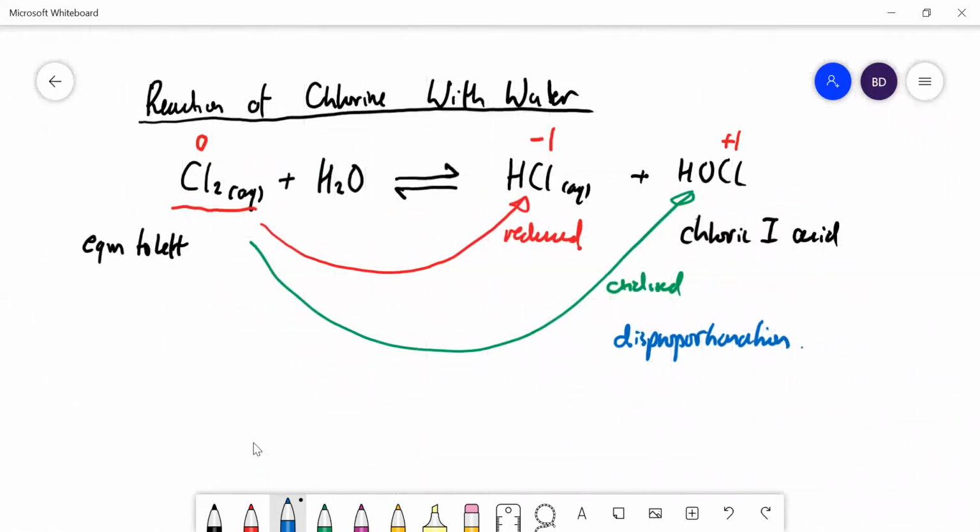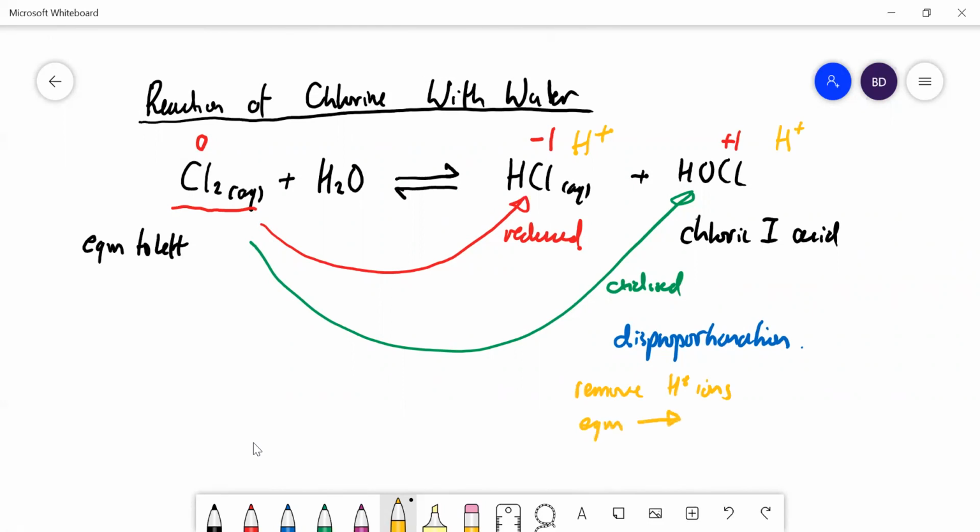If you think about this, you're going to have H+ ions from the HCl, a strong acid, and you're going to have some H+ ions from the HOCl, which is a weak acid, but some from there. So Le Chatelier tells us if we remove the H+ ions, the equilibrium will move to the right.